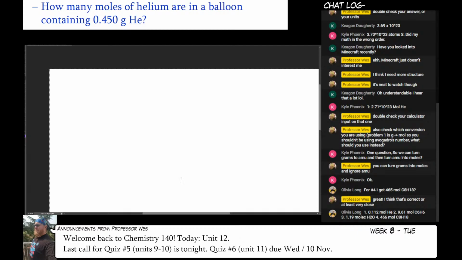How many moles of helium are in this balloon? Make sure my... Okay, I do have it unmuted. All right, so we have 0.450 grams of helium. And I want to find out how many moles of helium there are.